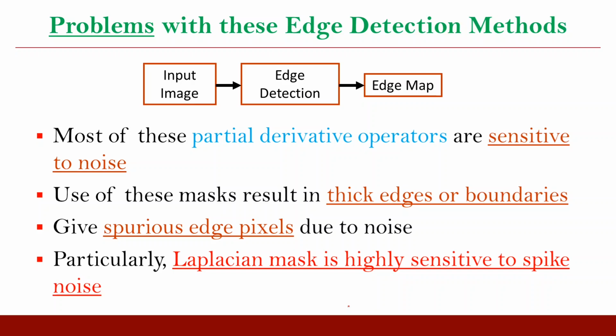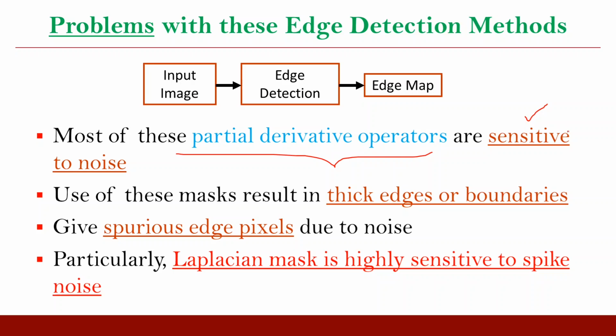Now, all these operators that we have seen perform very poorly if the image has noise. Till now, our operators were not considering the presence of noise. The reason is that since we are computing the derivative, or the difference, that difference is very sensitive to noise.